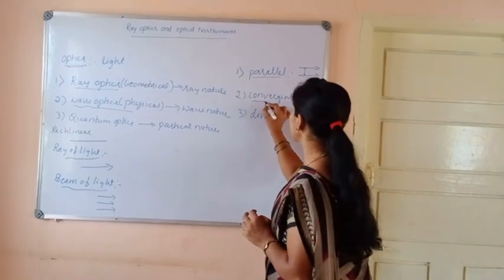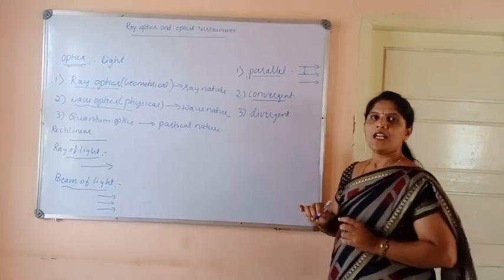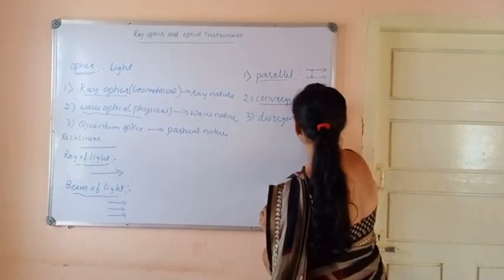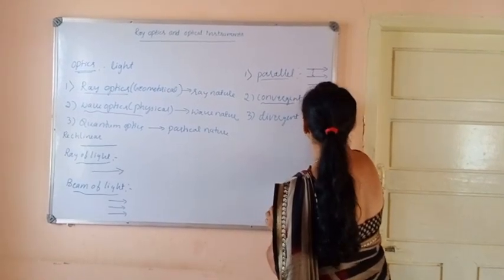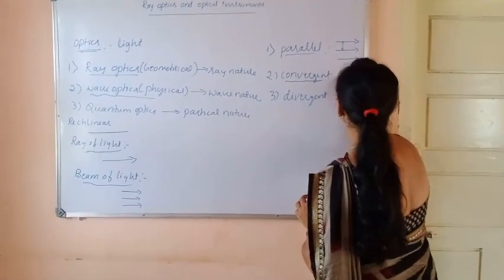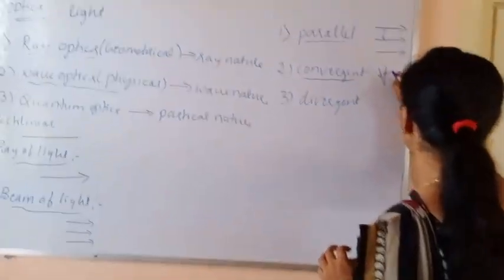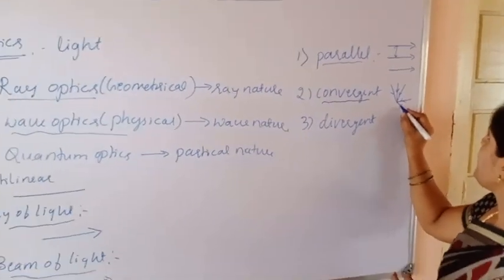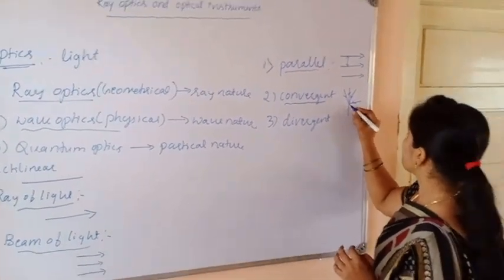Okay. Next, convergent beam of light. If all the rays of light converge at a point, meaning they meet at a point, then they are called a convergent beam of light.